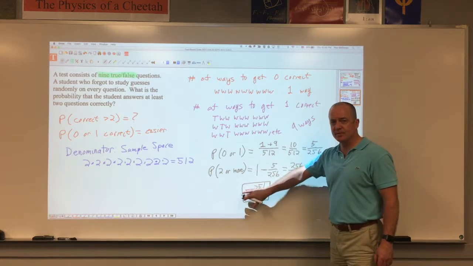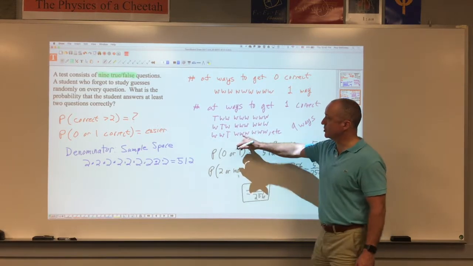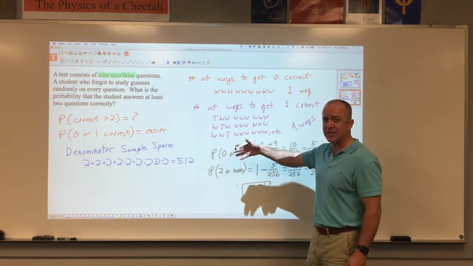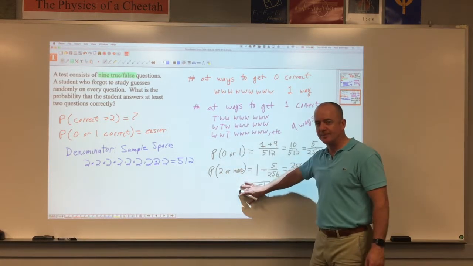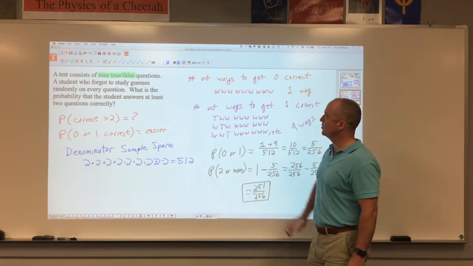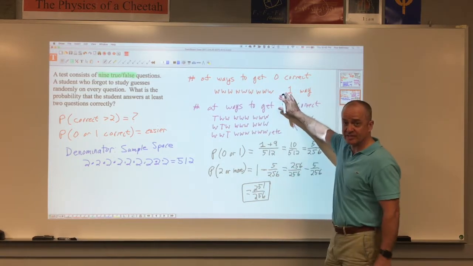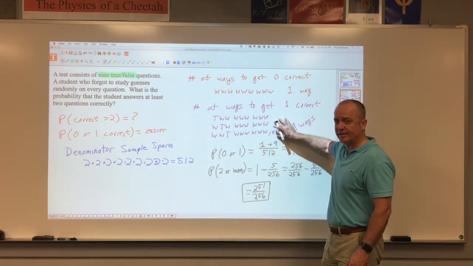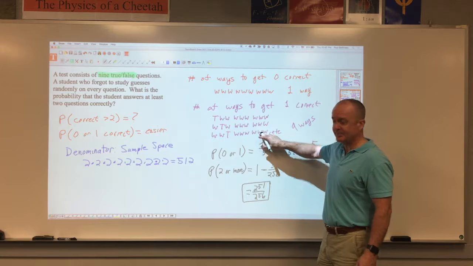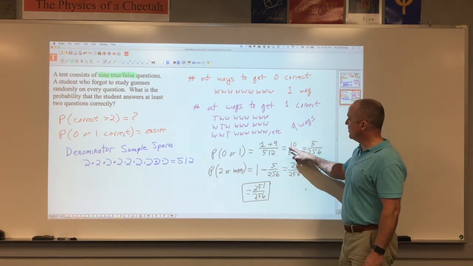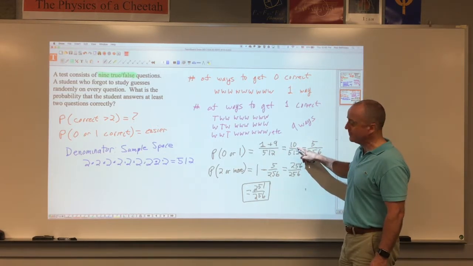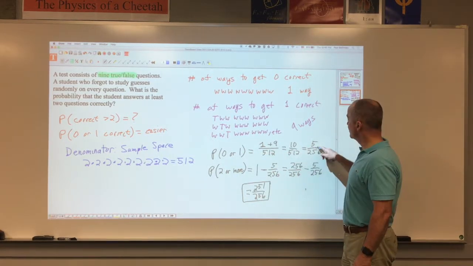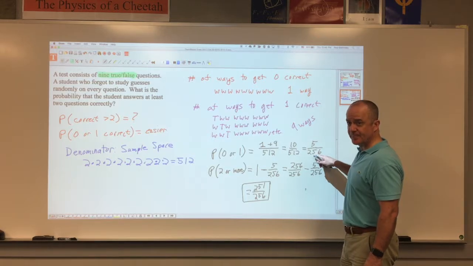But to directly compute all the different ways you could get 2 correct, and then 3 correct, and then 4 correct, and then 5 correct, and then 6 correct, 7, 8, 9, that would take a while. So instead, we directly compute the number of ways to completely fail this test. It's only 1. We directly compute the ways to only get 1 question correct. There's 9. We add those together, and we find there are 10 ways to only get 0 or 1 correct out of 512, which is the same as 5 out of 256.